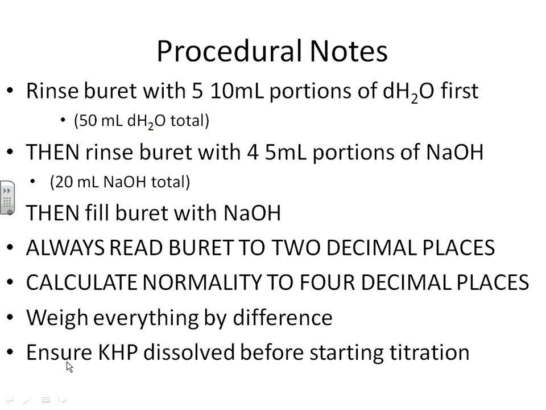The reason for this is we can't add the NaOH after the distilled water rinse, because that sodium hydroxide is going to be diluted by the excess water, and that would change the concentration, and the whole point of this lab is we're trying to determine the concentration.